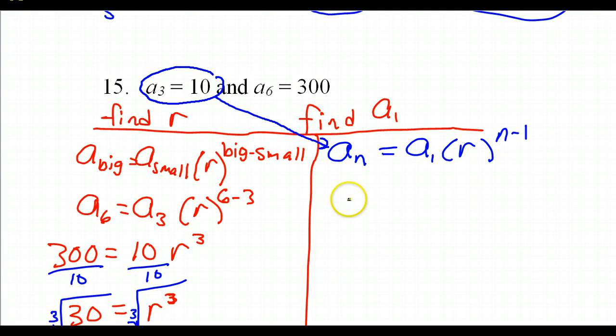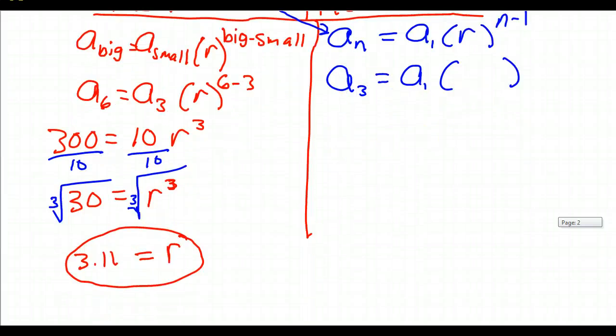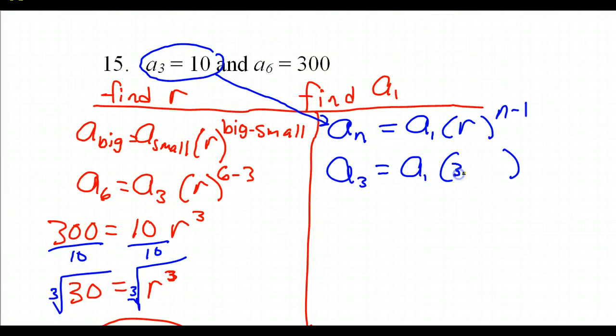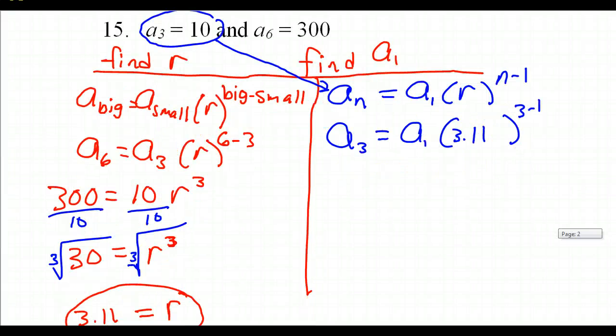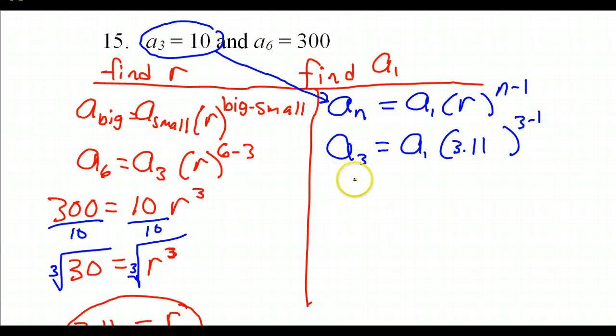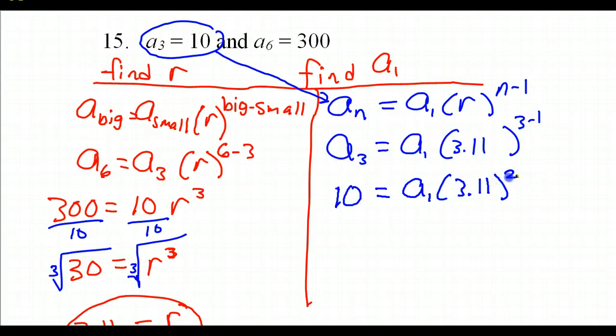So instead of AN, I'm going to write A3, and that should equal A1 times R, and I know R now, it's 3.11. If I'm using 3, that makes this the 3 minus 1 power. A3 is 10, so I put in 10. So 10 equals A1 times 3.11 squared, because 3 minus 1 is 2.